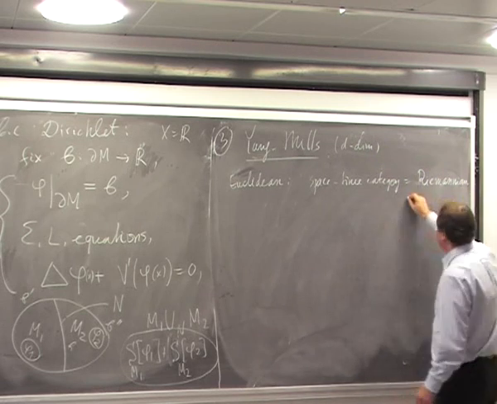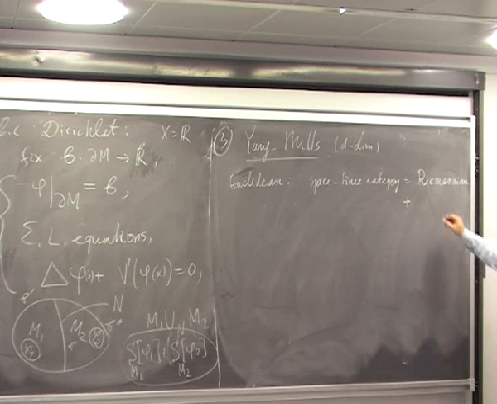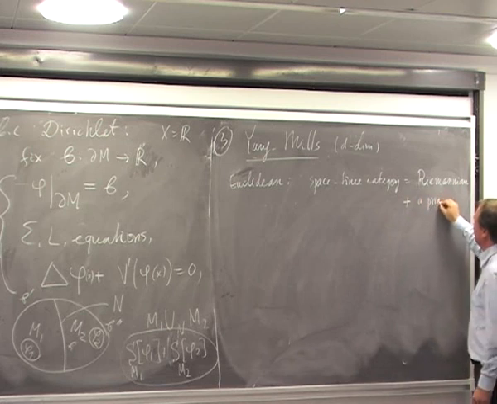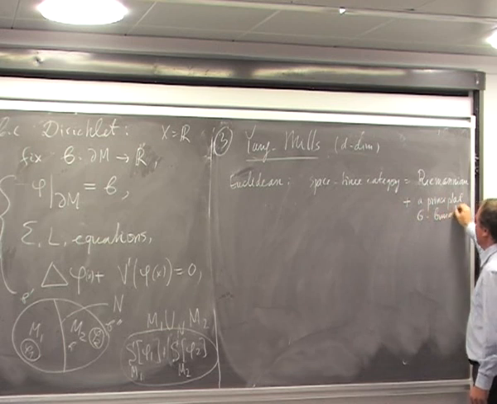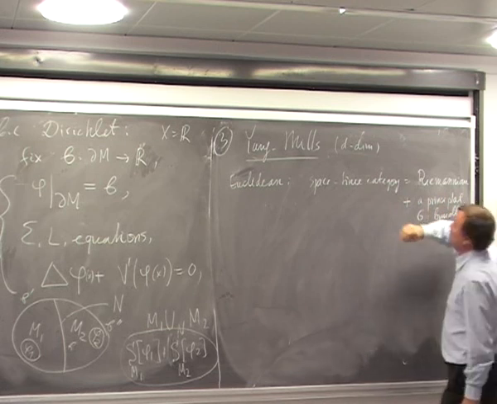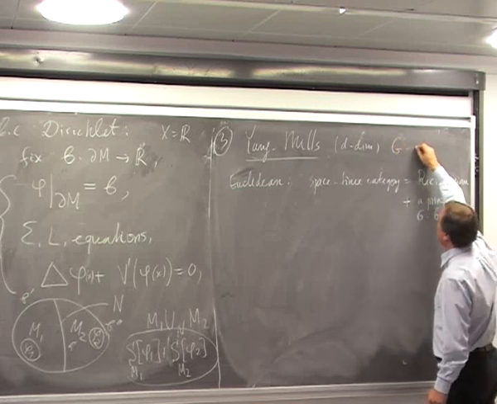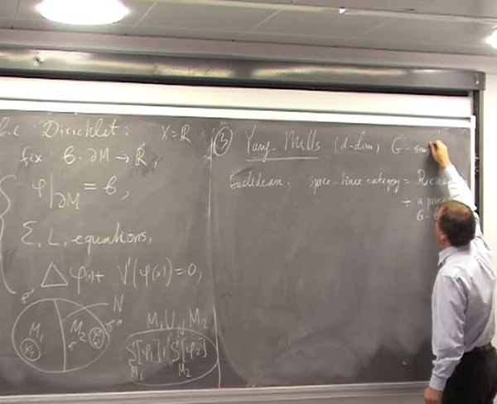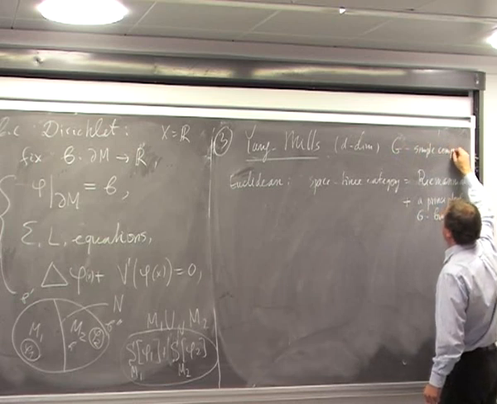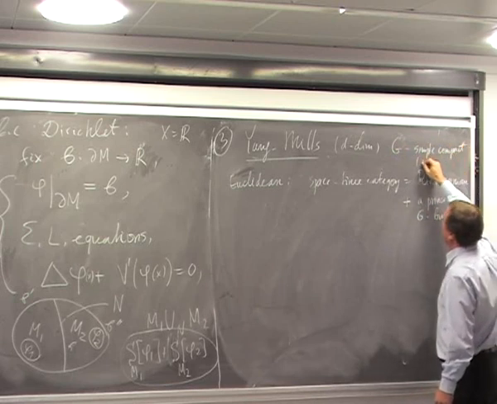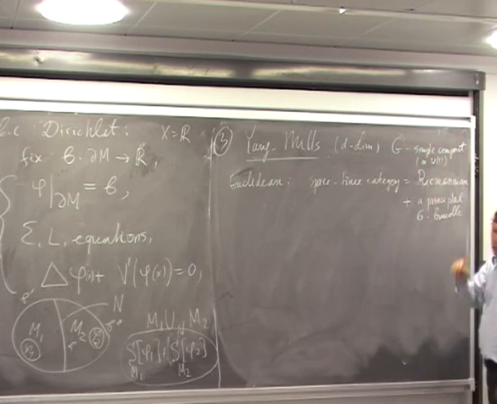and in addition, one can make a choice of a principal G bundle. So throughout this discussion, G is a simple compact Lie group or U1.